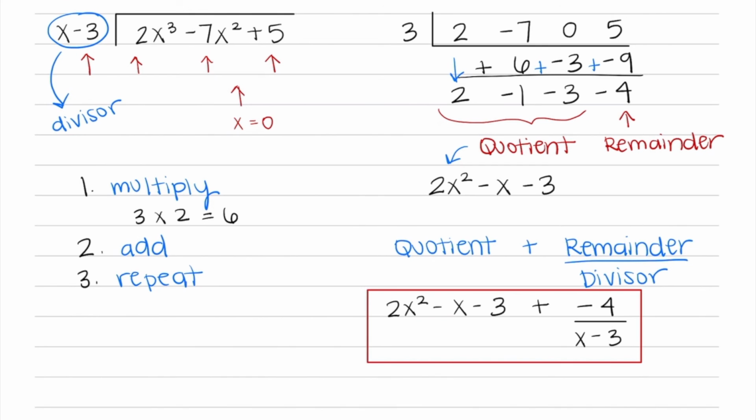If you wanted to check if your answer is correct, all you would have to do is add that answer through. So that 2x squared minus x minus 3 plus negative 4 over x minus 3, if you add that through and solve, and you get the dividend, which in this case is 2x cubed minus 7x squared plus 5, then you know your answer is correct.